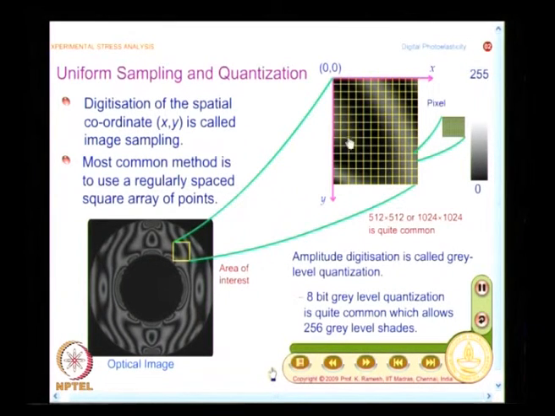So, you identify the image as an assembly of small picture elements, and for each of these pixels you assign a number between 0 to 255. If you are processing a negative, it will give the light transmitted, and if you are processing a positive, it will give the light reflected.